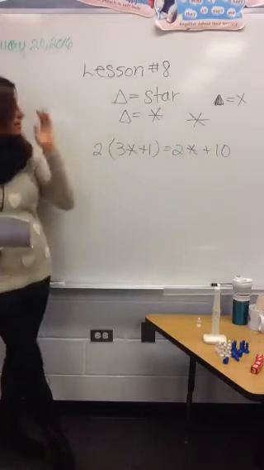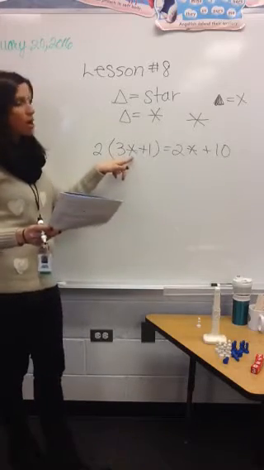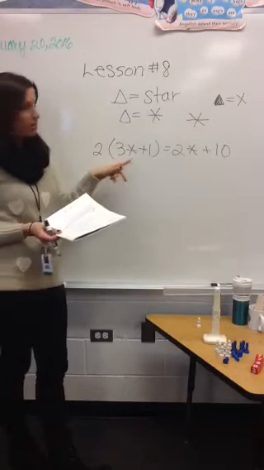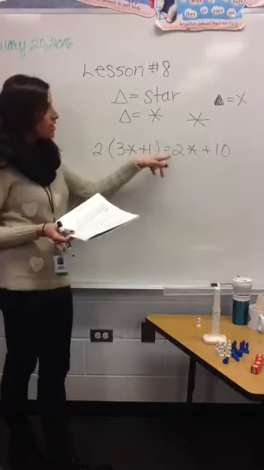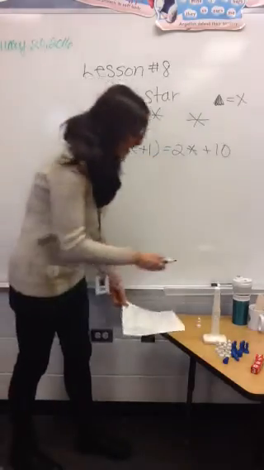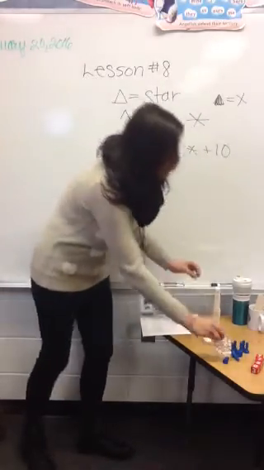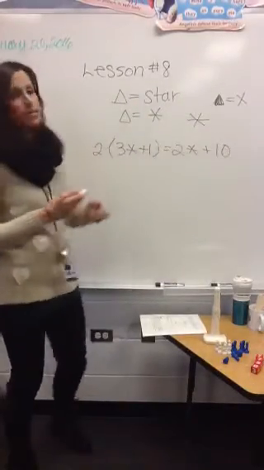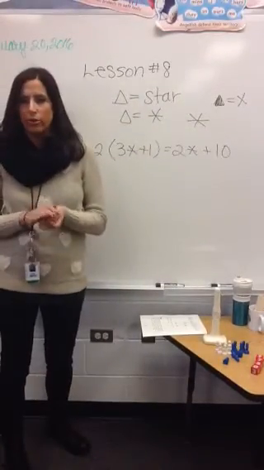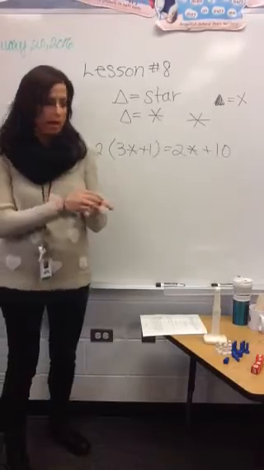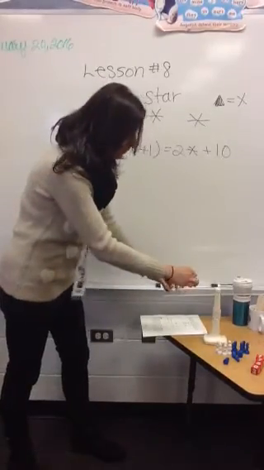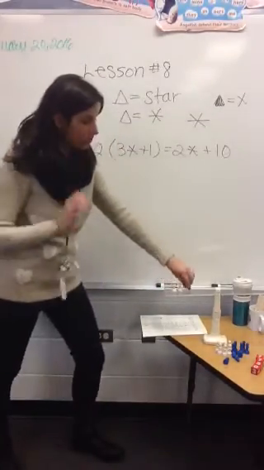So this says 2 times 3 star, that's how we would say it. 2 times 3 star plus 1 equals 2 star plus 10. So let's go ahead and set that up. Remember, this 2 that's next to the parentheses, what does that tell you to do? Maggie? That you have to do the problem inside the parentheses 2 times.